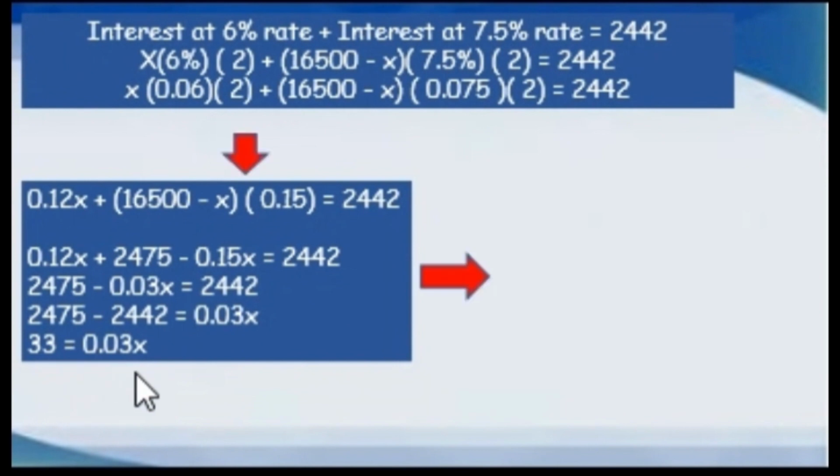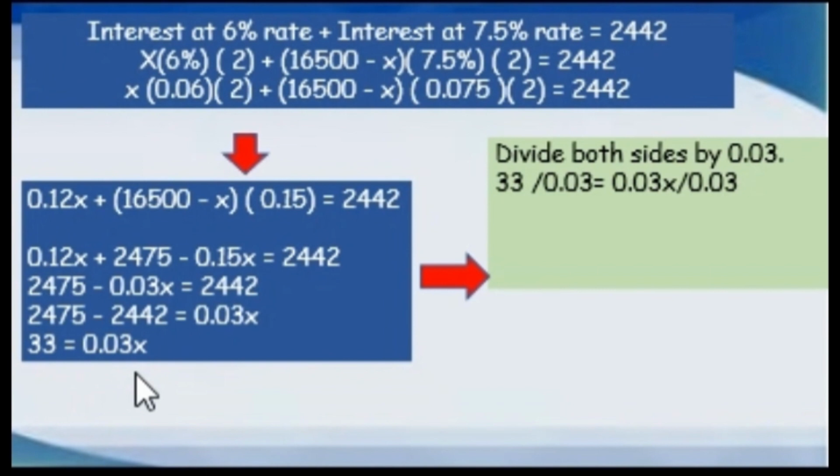0.03x. Next, divide both sides by 0.03 para maiwan or makancel natin si coefficient ni x para ang maiwan na lang sa kabila is si x. So, divide natin both sides. So, 0.03x divide 0.03 and then 33 divide 0.03.